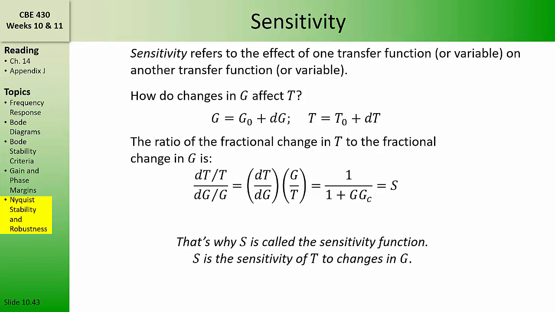The ratio of a fractional change in T to a fractional change in G can be obtained by taking these derivatives, and is given by 1 over 1 plus GGC, which is the sensitivity function. And that's why it's called the sensitivity function. The sensitivity function describes the sensitivity of the response of the process to set point changes to changes in G, or changes in the process.